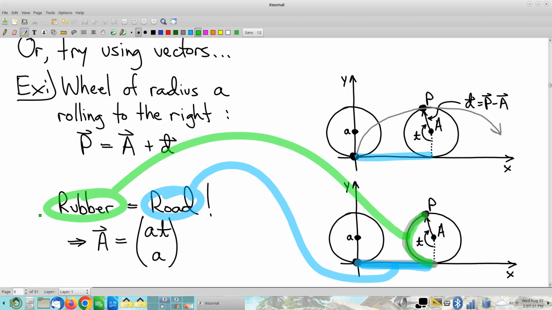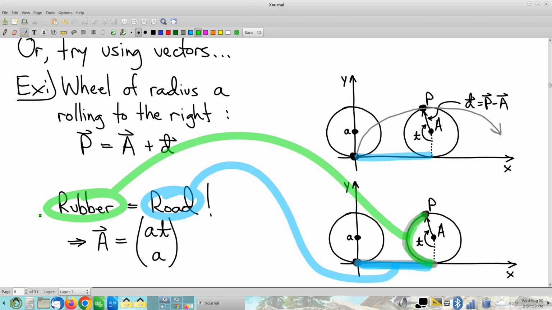Now you've got to sit there and think about that physically, right? Ultimately what this is claiming is that the wheel isn't slipping. So if it's not slipping, then the amount of rubber, that's what the rubber does. The rubber is kind of tracing out the road in some sense. So these two green and blue distances here have to be equal. Everybody see the physics of that, the real worldness of that?